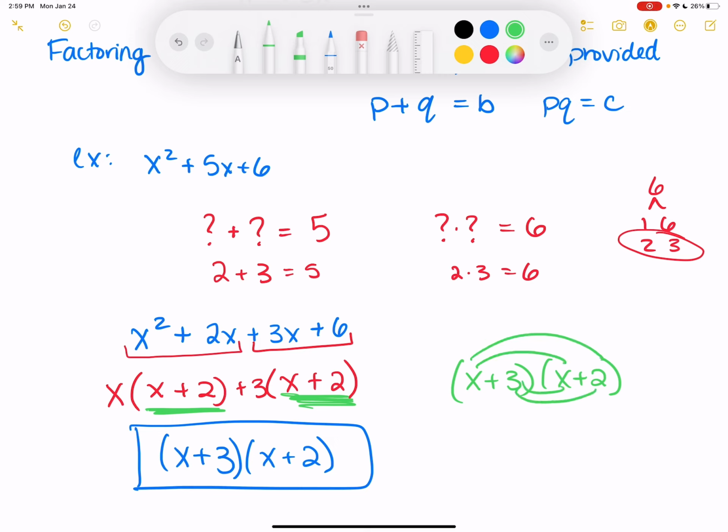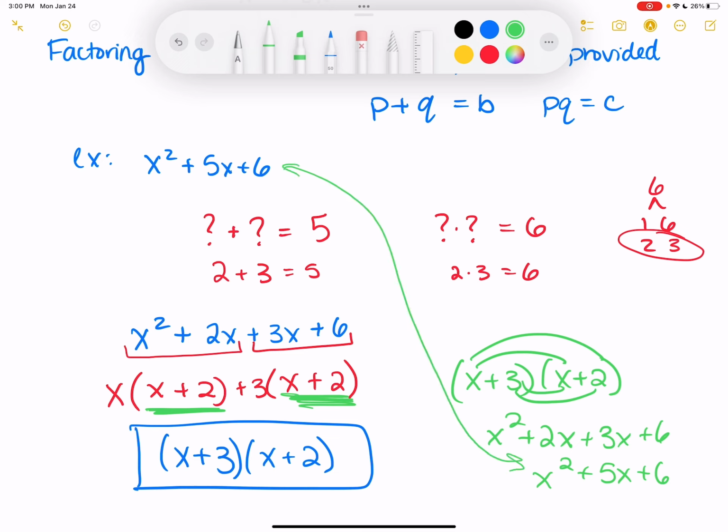So x times x is x squared. x times 2 is 2x. 3 times x is 3x. 3 times 2 is 6. Combine like terms. x squared plus 5x plus 6. And that's what I started with. So I've checked it and I know that I got my answer right.